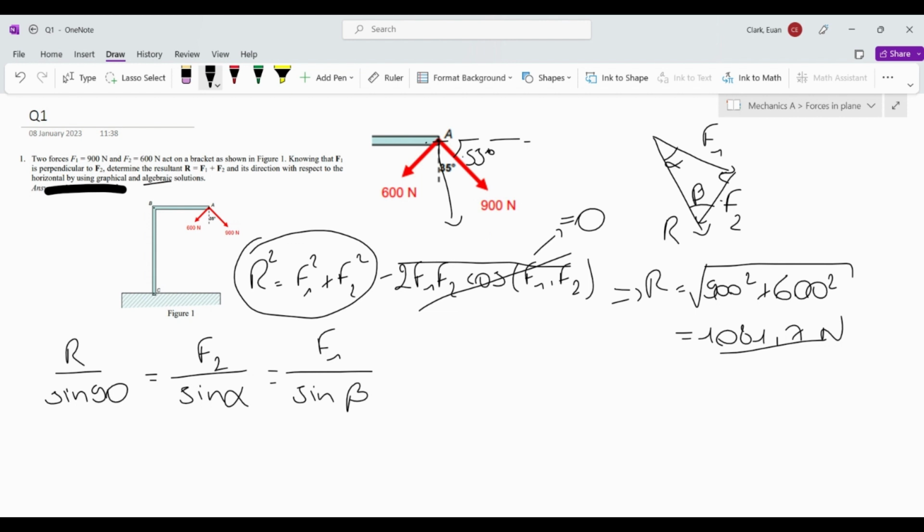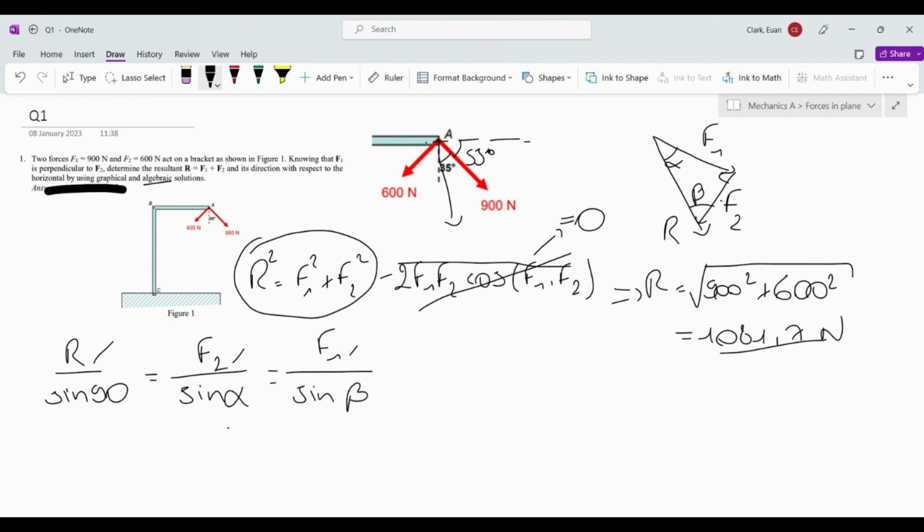Now we're interested in the horizontal axis, so we'll be looking at finding alpha, and once we have alpha, it will be this angle here. Once we have alpha, we just need to add 55 degrees and we'll get the angle to the horizontal. So we need alpha, we have R, we have F2, and we have F1.